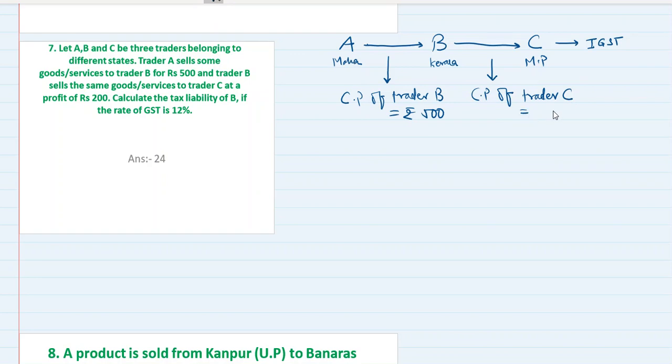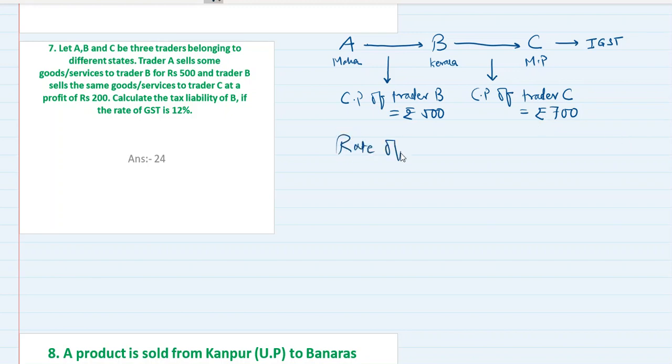How much is the cost price for trader C? See, trader B is selling the same goods to trader C at a profit of 200. So trader B would add 200 on this 500 rupees and would sell it to trader C at 700 rupees. Calculate the tax liability of B if rate of GST is 12%.